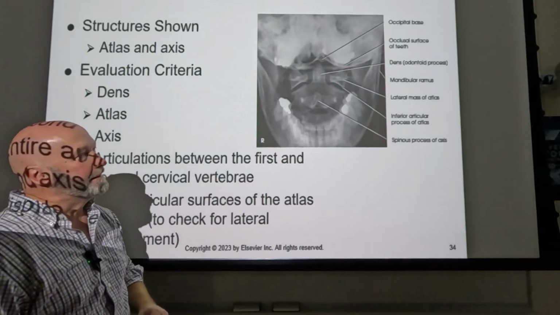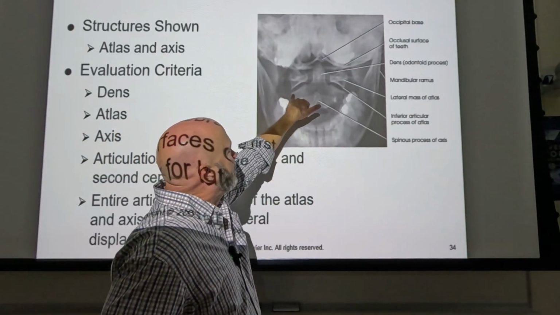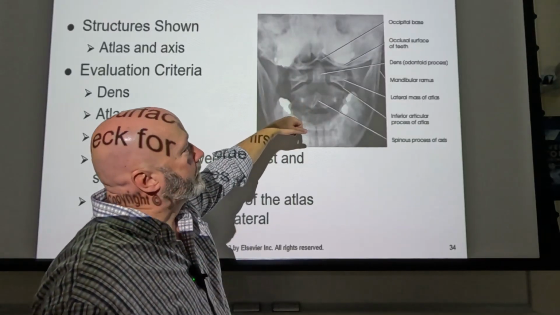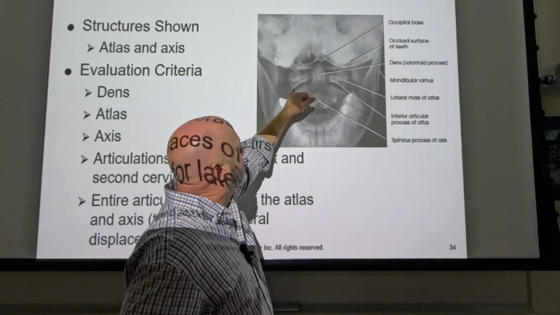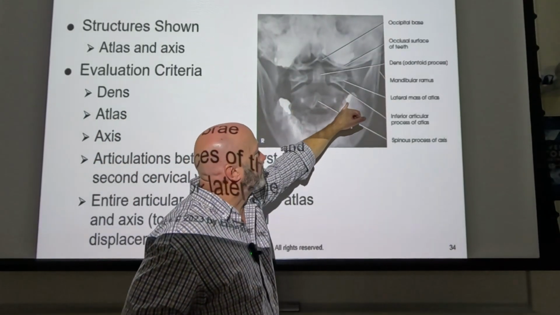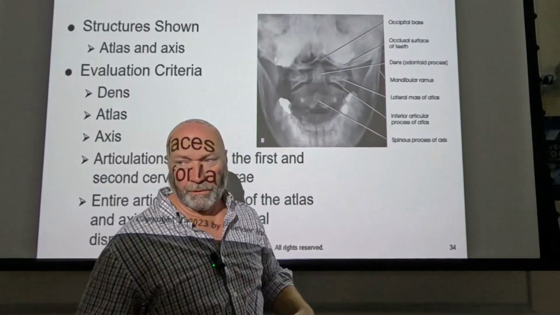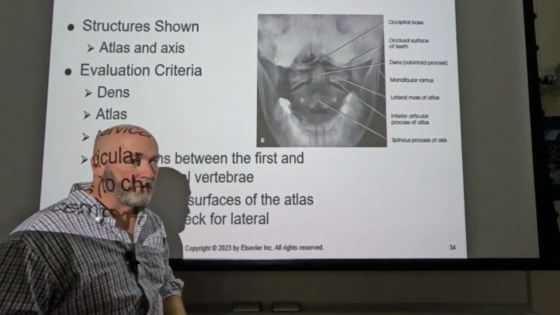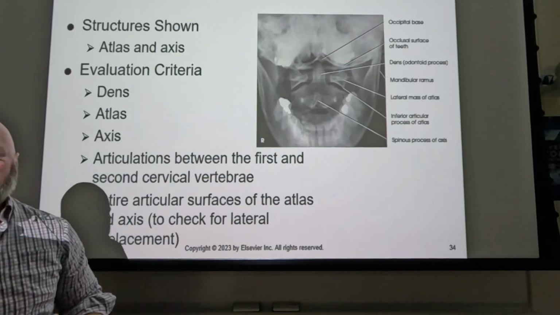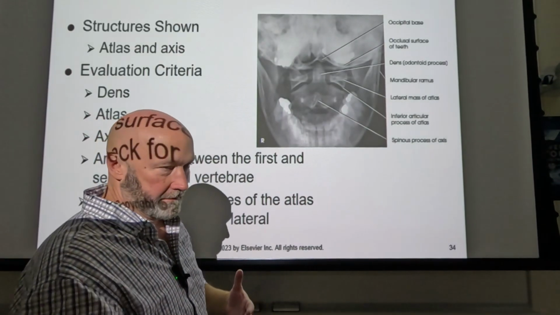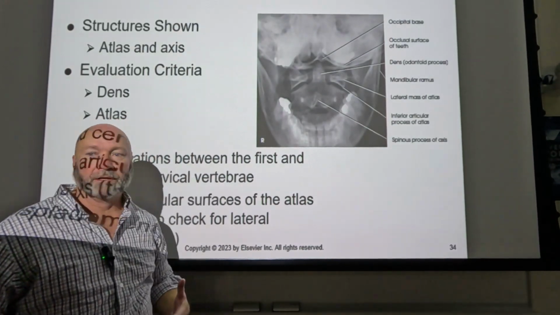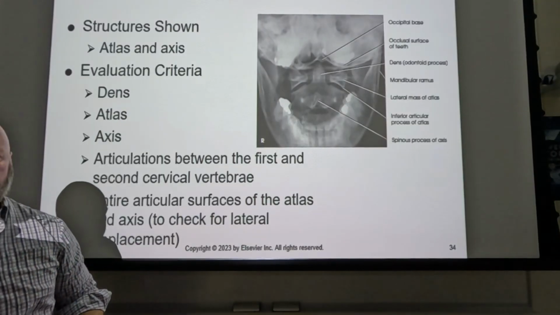And what's going to happen then is that the lateral masses, where we don't have a fracture, the lateral masses of C1 should line up with the lateral masses of C2 pretty closely. Okay? So if you've got that fracture, and I'm going to stop saying axial loading, it's also referred to as a Jefferson fracture.